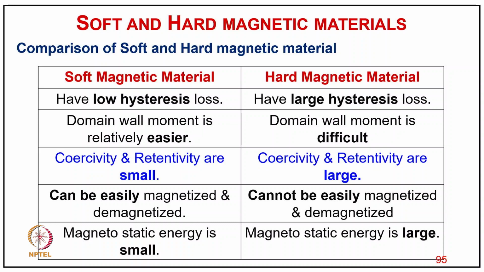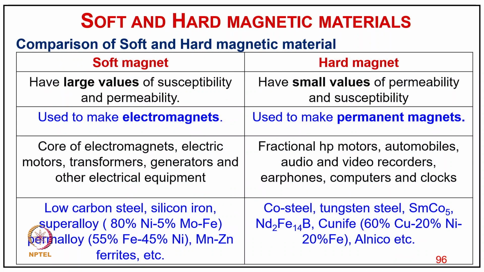In soft magnetic material the magnetostatic energy is small, and in hard magnetic material the magnetostatic energy is large. So these are some additional features of comparison. Soft material has large values of susceptibility and permeability, and hard material has small values of permeability and susceptibility. Soft material is used as an electromagnet, and hard material as a permanent magnet. Soft material is the core of electromagnets, electric motors, transformers, generators, and other electrical equipment.